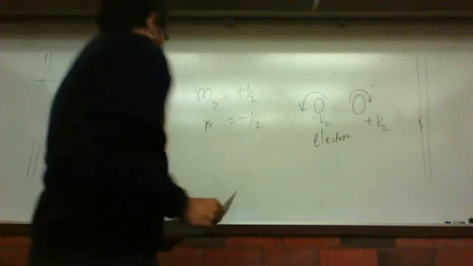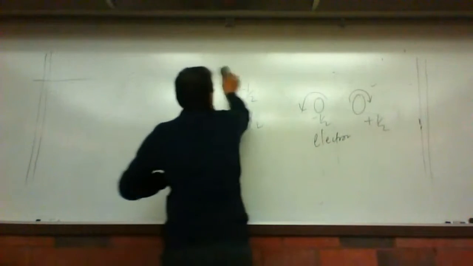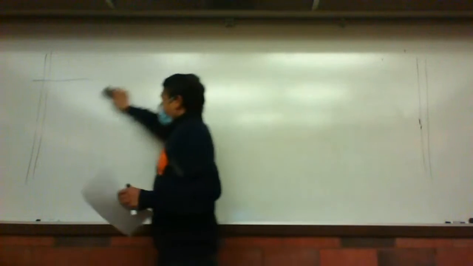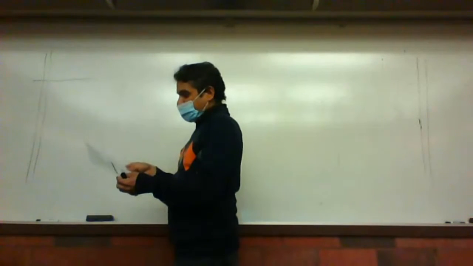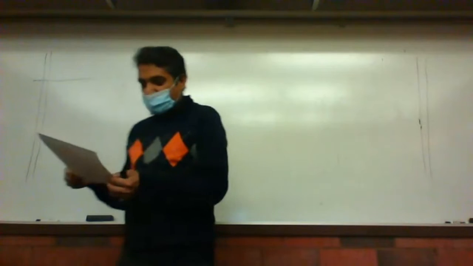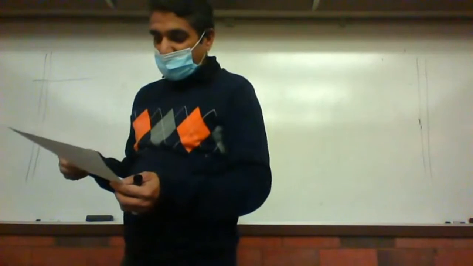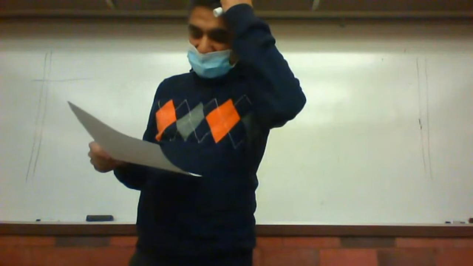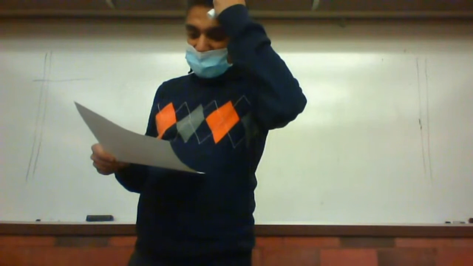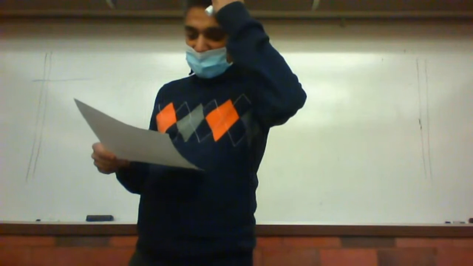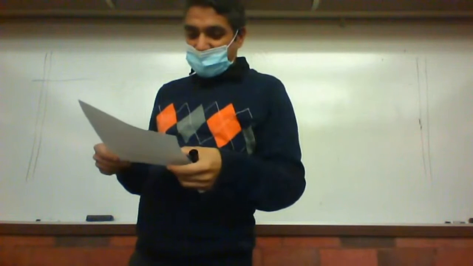So let's practice a couple of problems here. Which of the following is a valid set of quantum numbers for the electron in a hydrogen atom?